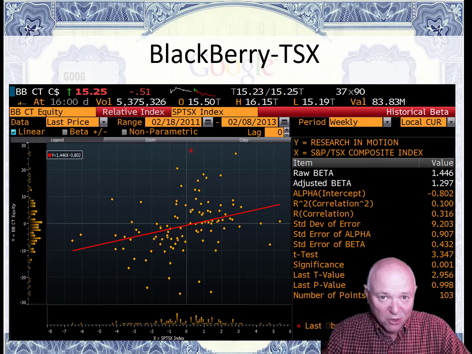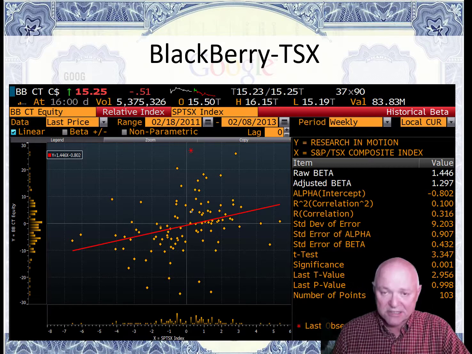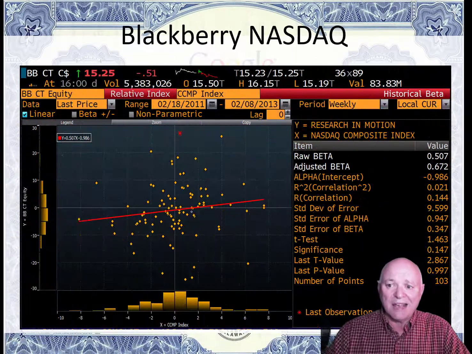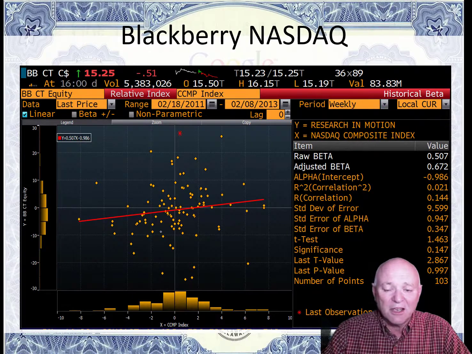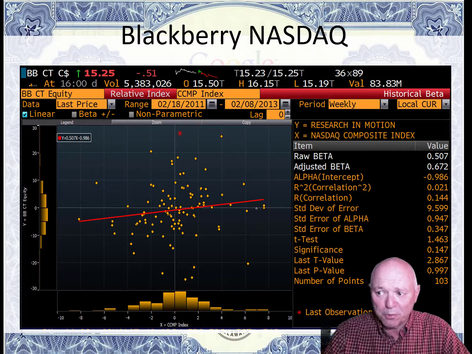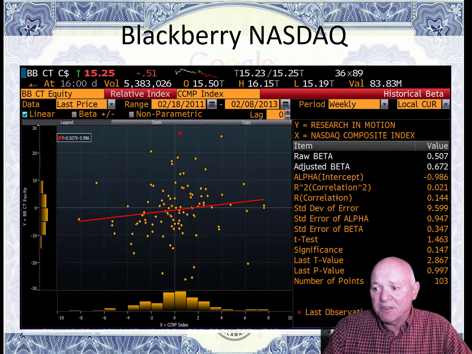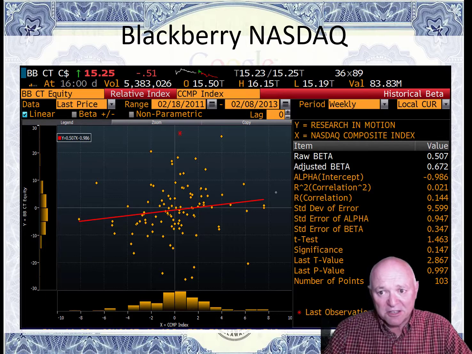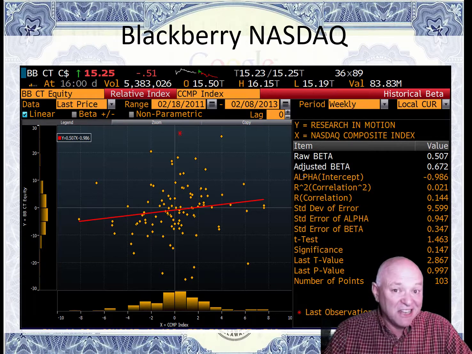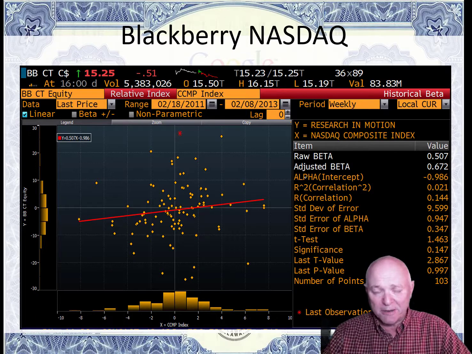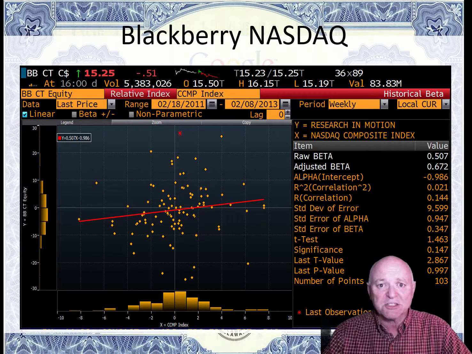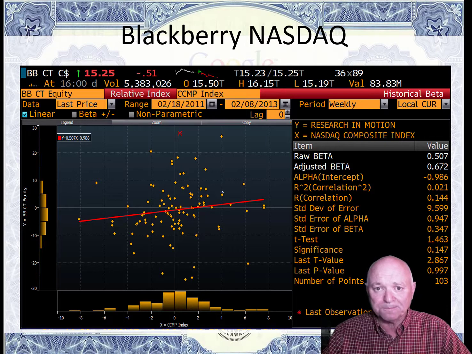Now, this company also has a listing on other indexes. For example, on NASDAQ, it looks a little bit different. We still have the same upward sloping line, but you see our beta is only about 0.5. That's probably because the NASDAQ index is quite different from the Toronto Stock Exchange. The TSX is dominated by banking interests, perhaps some mining companies as well.